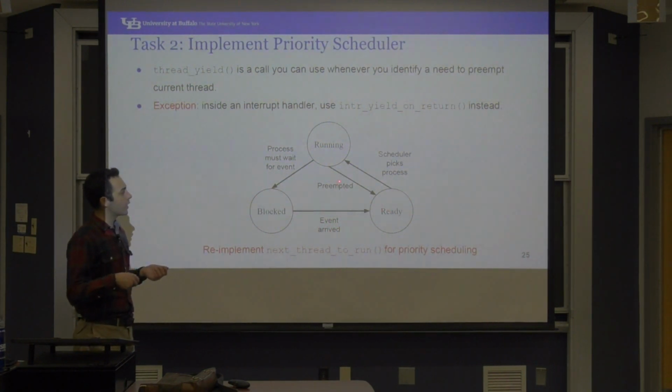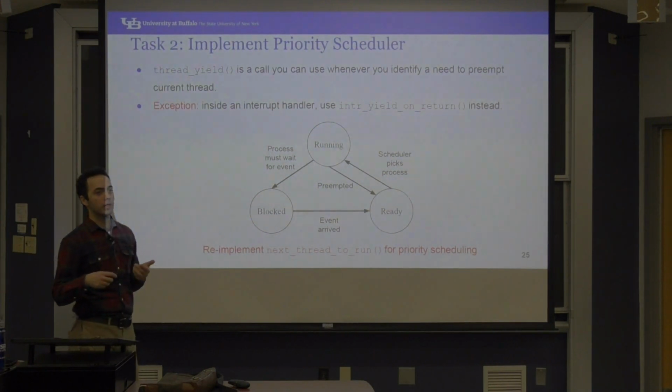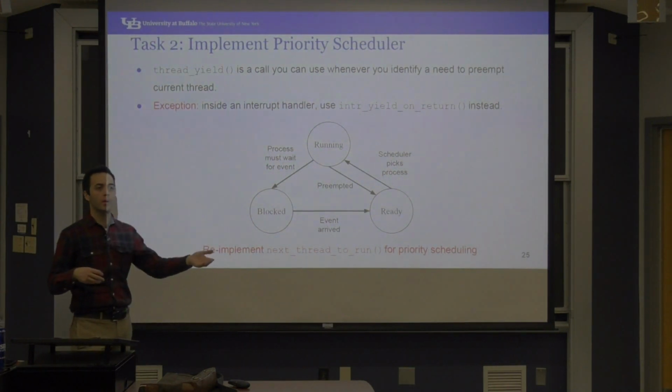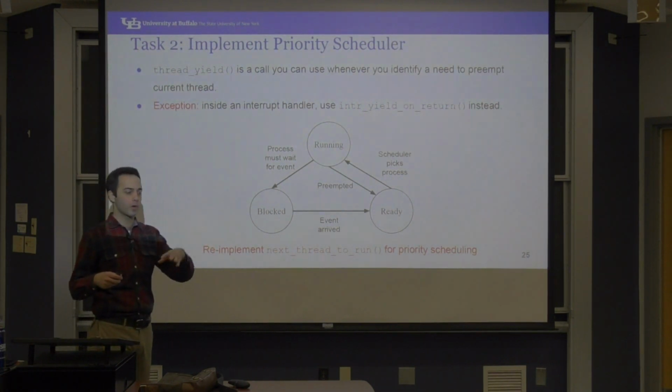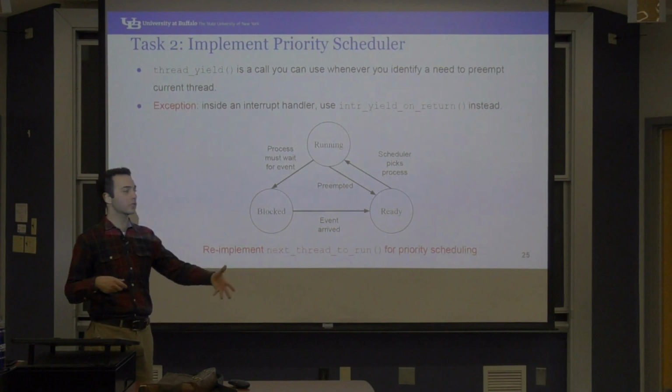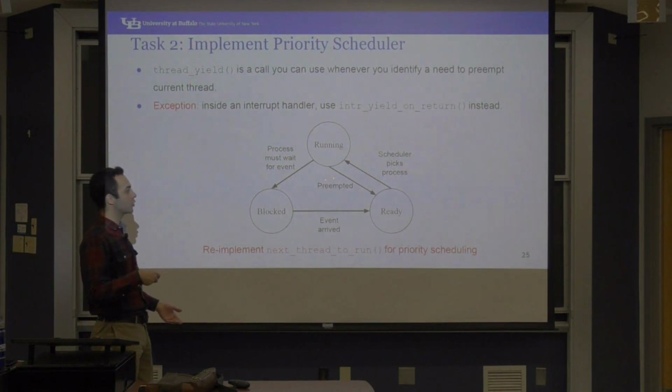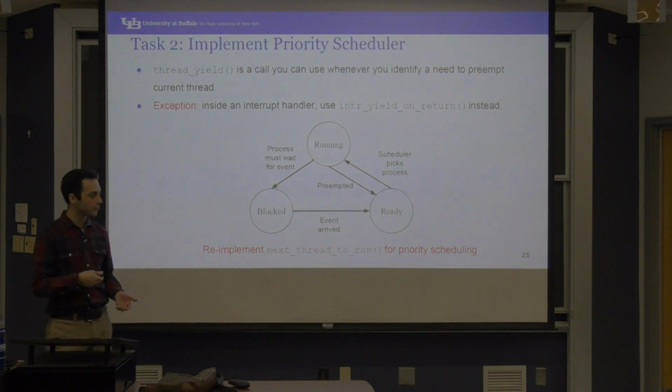And then between the ready list and running, the scheduler keeps changing. From the ready list, the scheduler picks a process. When it's time, for example when another thread comes with a higher priority, or a time quantum is over and it's the next thread's turn, your kernel should preempt it and move it from running to your ready list. All right.